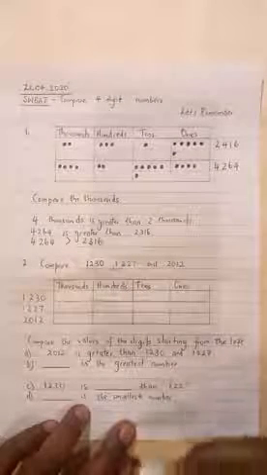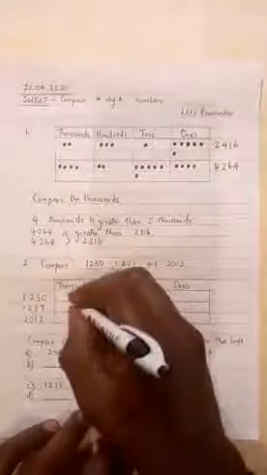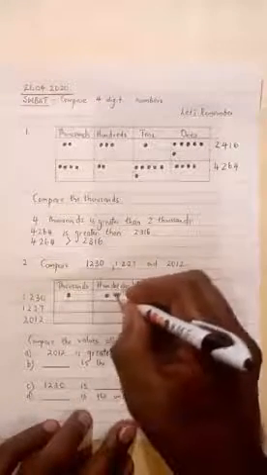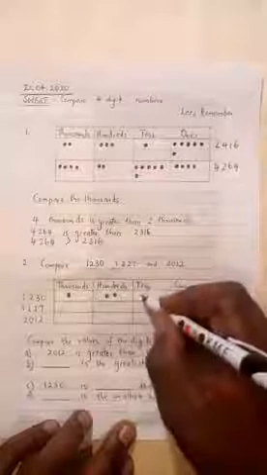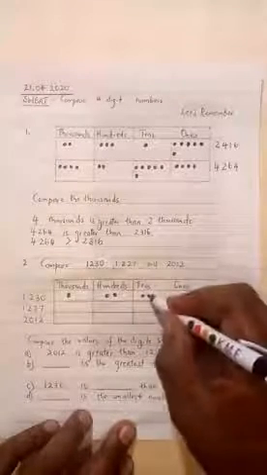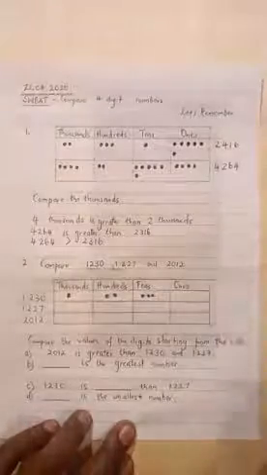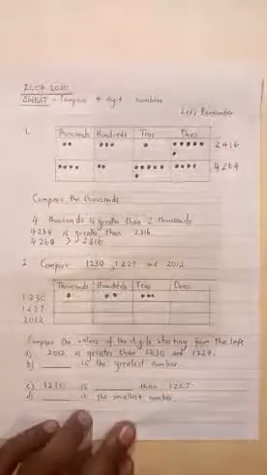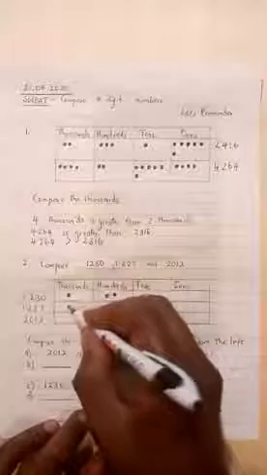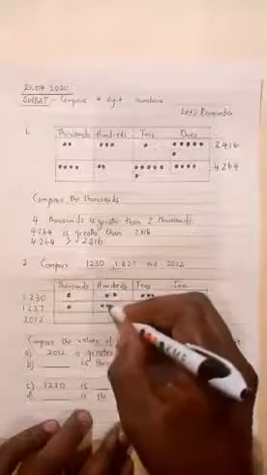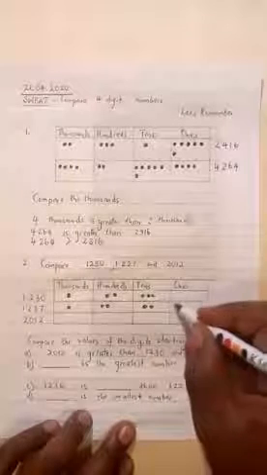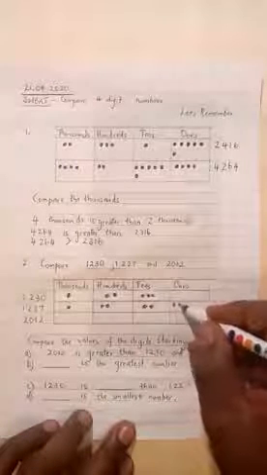For 1,230, I've got 1 in the thousands place, 2 in the hundreds place, 3 in the tens place, and nothing in the ones place because there is a 0 in the ones place. For 1,227, I've got 1 in the thousands place, 2 in the hundreds place, 2 in the tens place, and 7 in the ones place.